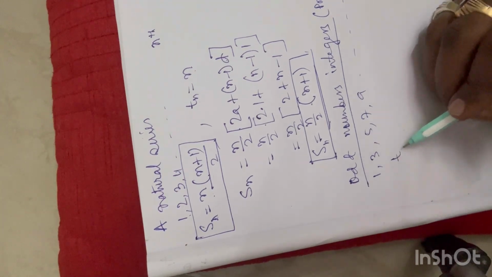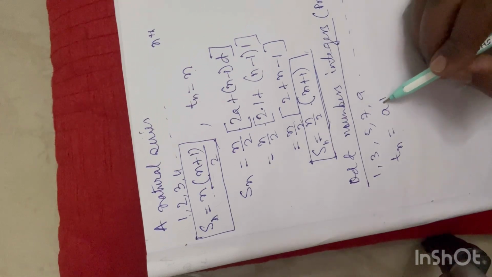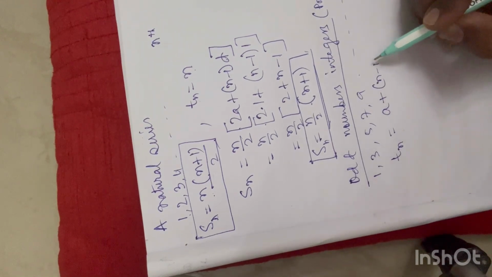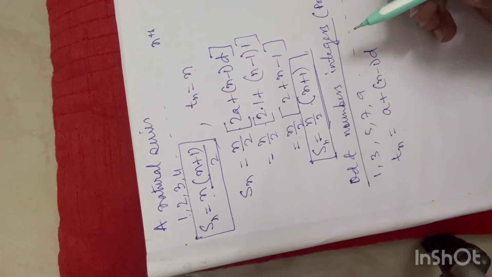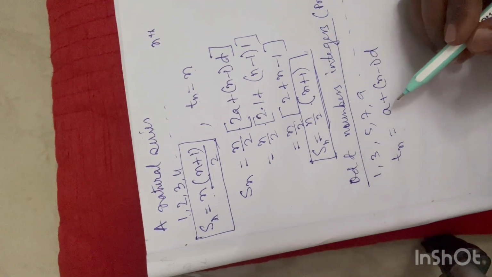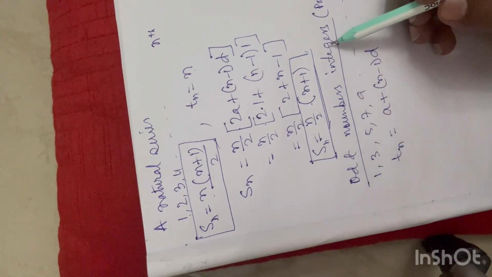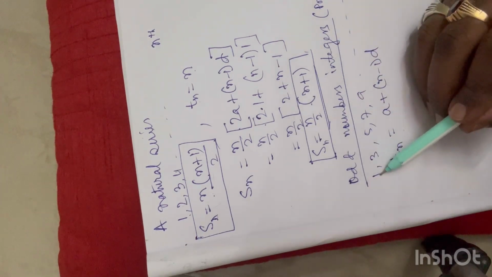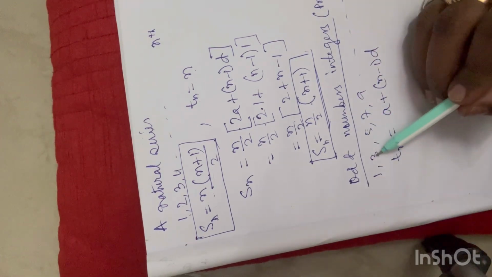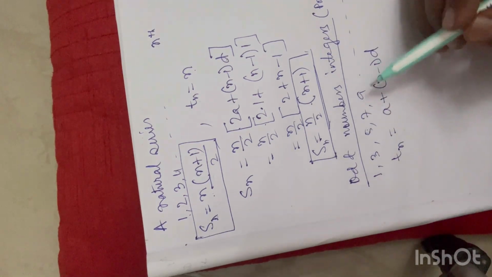So to calculate Tn, we have the formula a plus n minus 1 into d, as per any AP series formula for the nth term. And you can understand the odd integers are also an AP series, because 3 minus 1 gives 2, 5 minus 3 gives 2, 7 minus 5 gives 2.